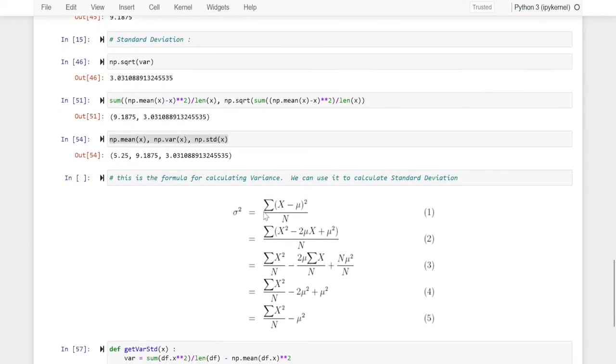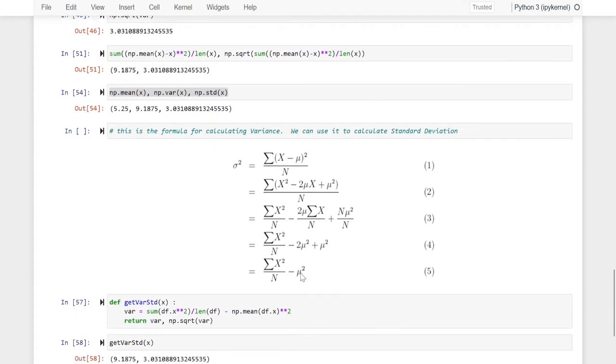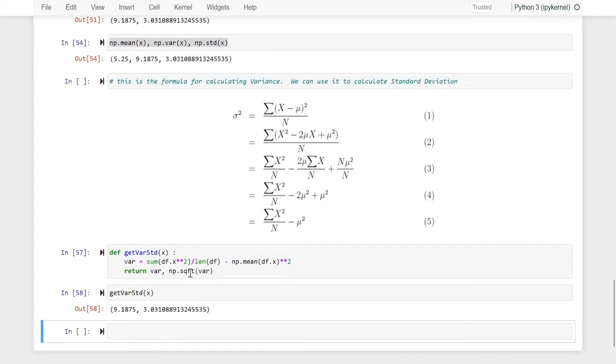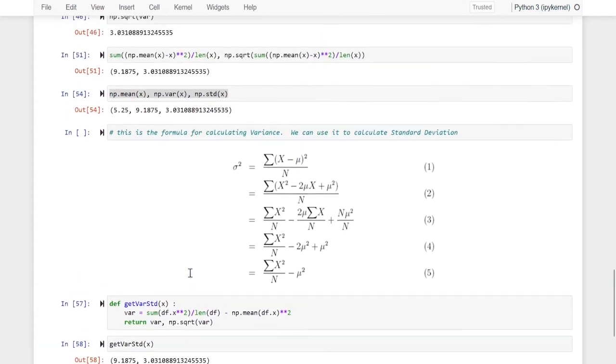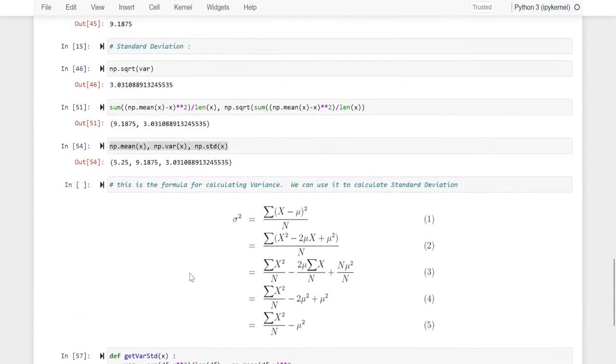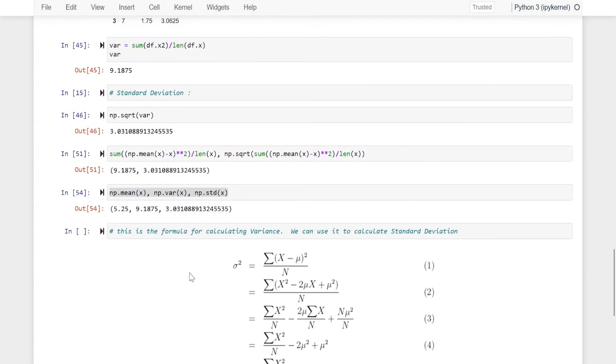But this particular thing is derived from this particular formula, this, and then we used this to again calculate standard deviation and variance.